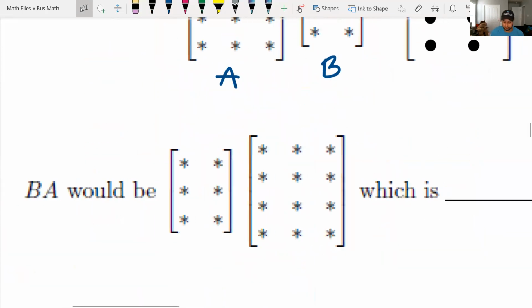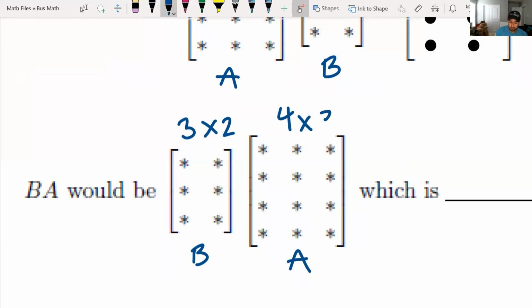Try it again. So now this is matrix B and this is matrix A. B is still 3 rows by 2 columns. A is still 4 rows by 3 columns. Is 2 equal to 4?